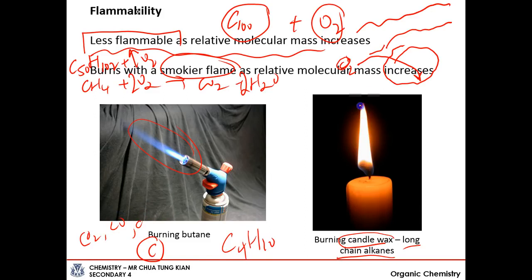That's why we see this yellowish color flame. This yellowish color flame is actually from the glowing of the carbon particles within the flame itself. So the carbon particles inside here are heated to a high temperature, and when they glow, they give off this yellowish color which we perceive as the candle flame.